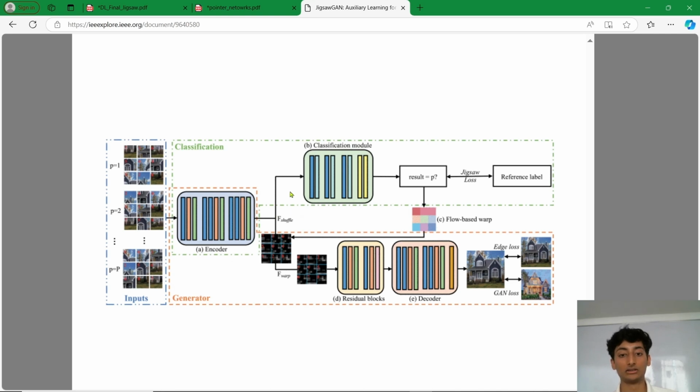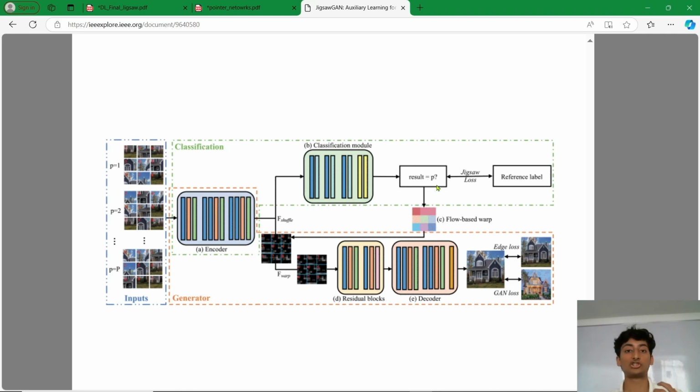What they do is they try to classify what type of image this particular input is of. So let's say this particular image is of a house. They try to classify what this image is of, so they use a jigsaw loss for this, with the reference label being the house. You get a result for this particular input. Let's say this is a house.